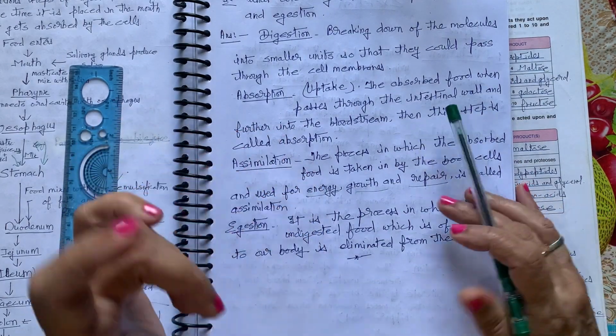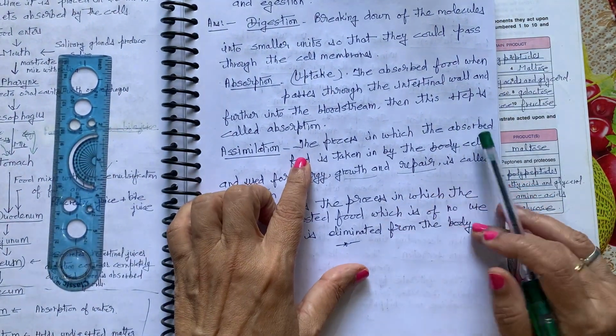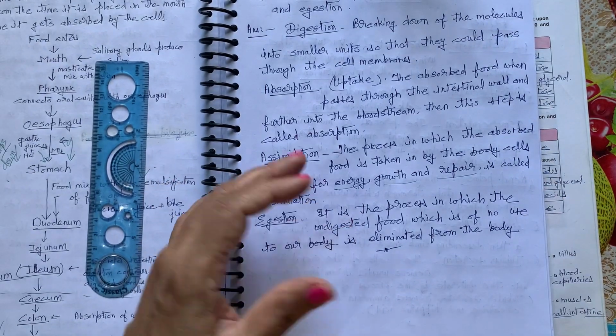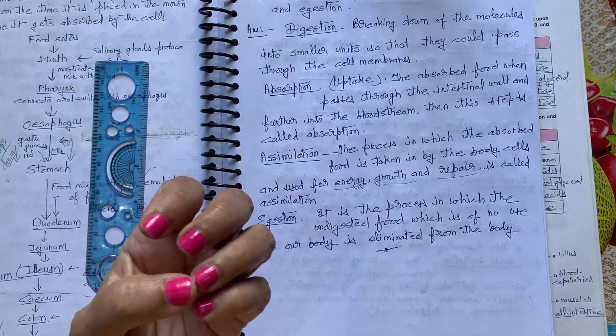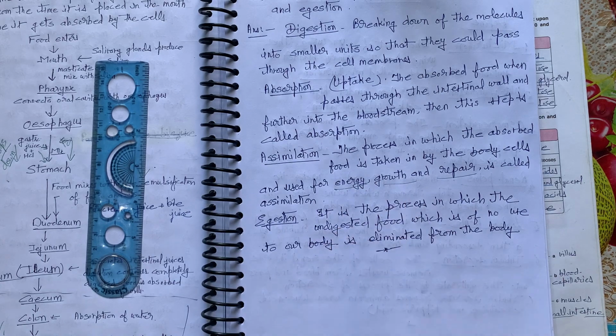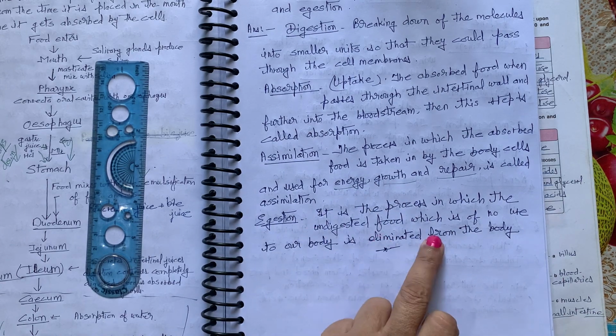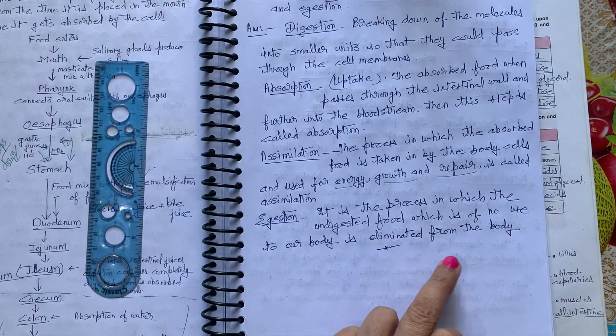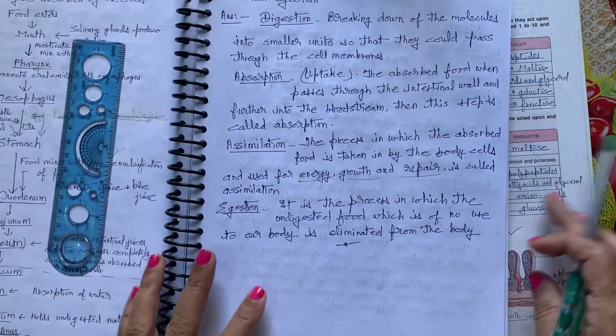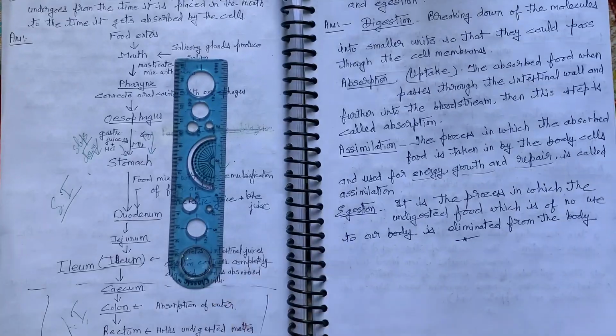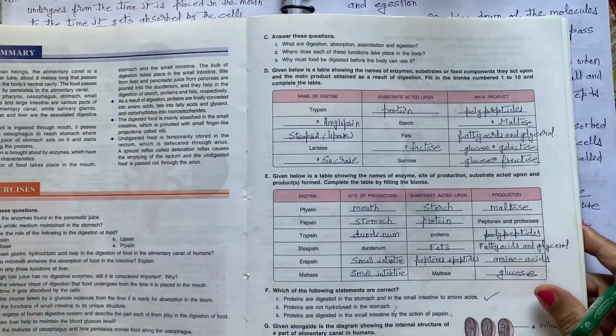Assimilation: the process in which absorbed food is taken in by the body cells and used for energy, growth and repair. Egestion: the process in which undigested food, which is of no use in our body, is eliminated or given out.